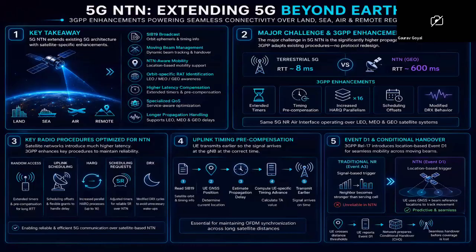And we have seen the various key takeaways like SIB19 is introduced, moving beam management, orbit-specific identification, specific QoS, handling propagation delays. All these things we have introduced. So we have also seen that in case of terrestrial, RTT is just 8 milliseconds, but in case of NTN, it can reach up to 600 milliseconds as well, right? And we have discussed radio procedures, uplink precompensation, D1 parameter, CHO, all these things we have already discussed, right?